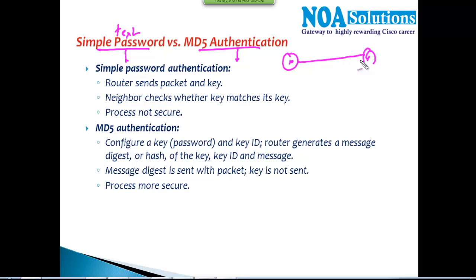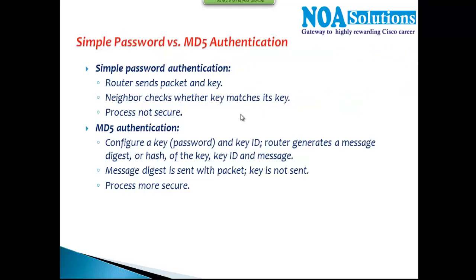The router sends a packet, let's say a hello packet, and it also sends the key. The neighbor checks the key and matches it against its own key. Let's say the key is Cisco123; it's going to match Cisco123 on the opposite side also. If the key matches, it says okay, the authentication is successful. We can go with the next steps, exchange the routes, send and receive hello messages, and the neighbor authentication is successful.